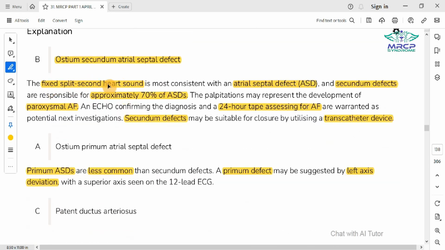The fixed split second heart sound is most consistent with ASD, and secundum defects are responsible for approximately 70% of ASD.